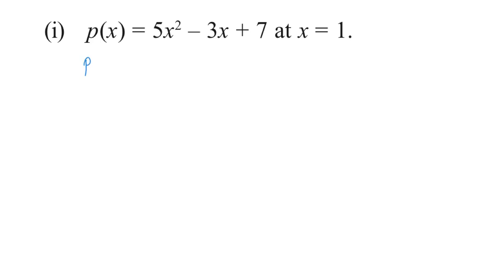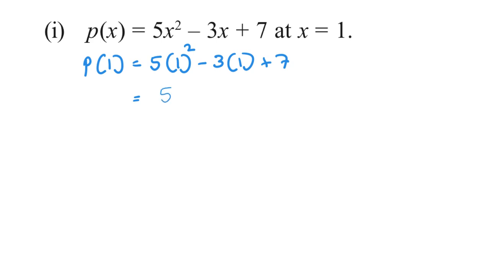We are going to find p of 1. So wherever x is, plug in 1. So 5 times 1 squared minus 3 times 1 plus 7. Now do the calculation. 1 squared is 1. 5 times 1 is 5.